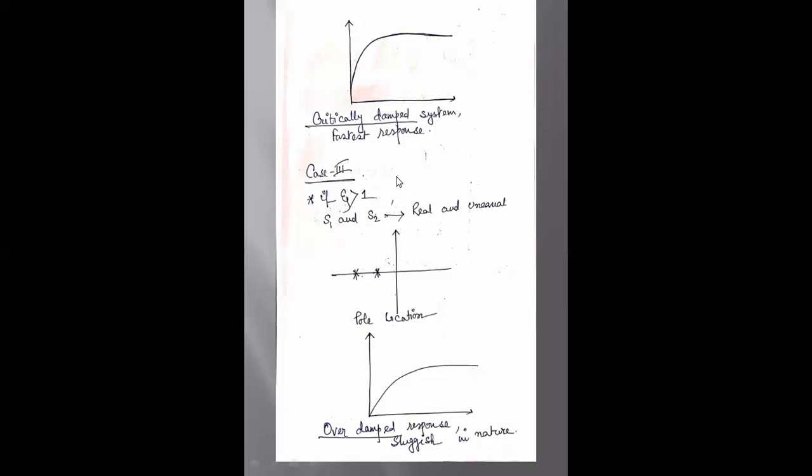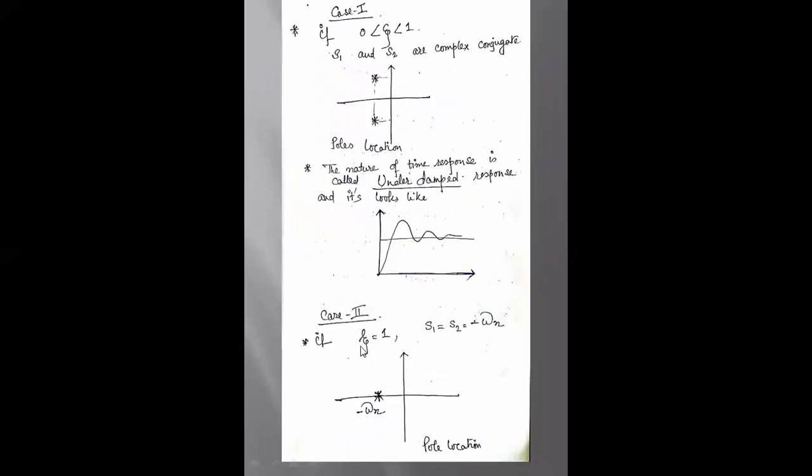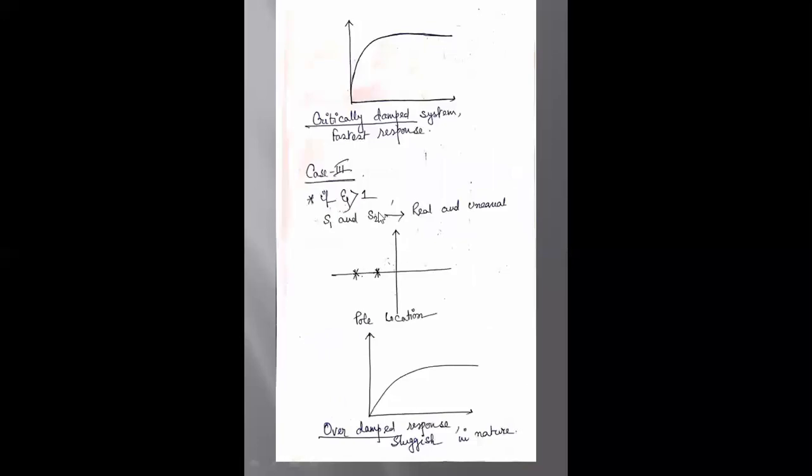So for zeta equal to 1, we get the critically damped response, and for zeta greater than 1, we get the overdamped response, with real and unequal pole locations.